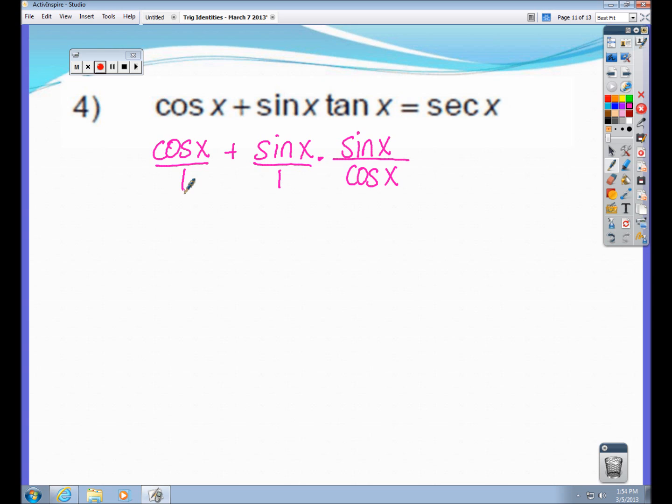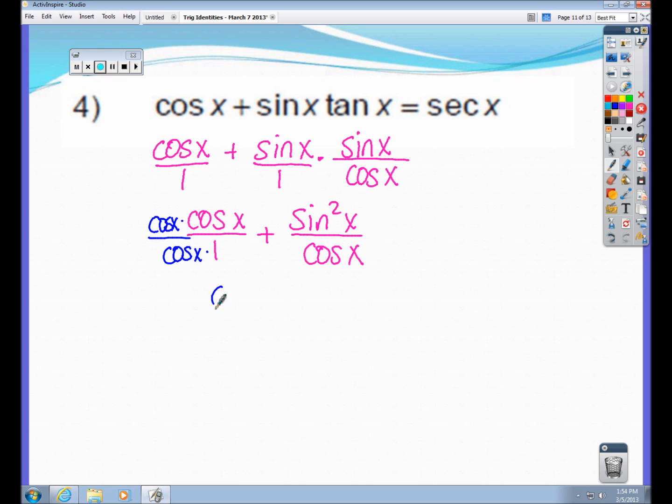So now I've got cosine over 1 plus sine squared over cosine. To add fractions, we must have a common denominator. So our next logical step would be to get a common denominator, which is cosine in this case. So I'm going to take the first fraction and multiply the top and bottom times cosine.